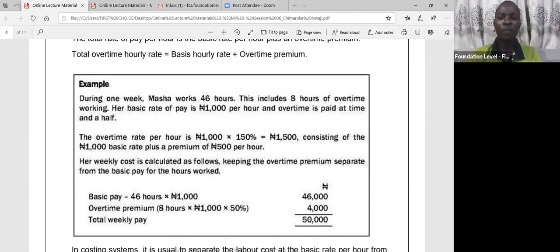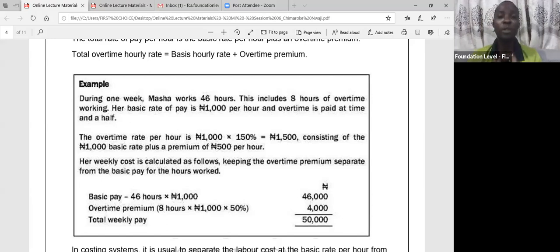So when you add 4,000 to 46,000, you have 50,000. So the 46,000 is the direct cost, while the 4,000 is the indirect. That is the proper way to do it.